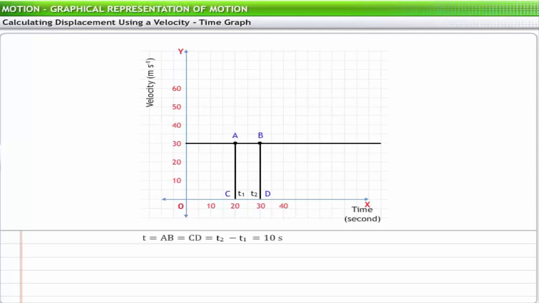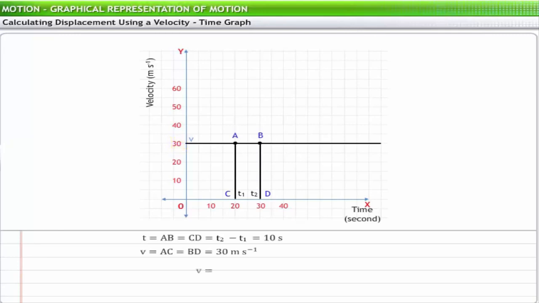Since the car is moving with a uniform velocity, the magnitude of its velocity is the same at all points on the graph. Velocity v is equal to AC is equal to BD is equal to 30 meters per second.